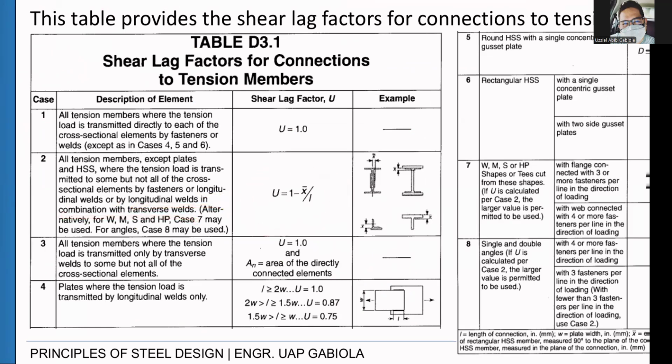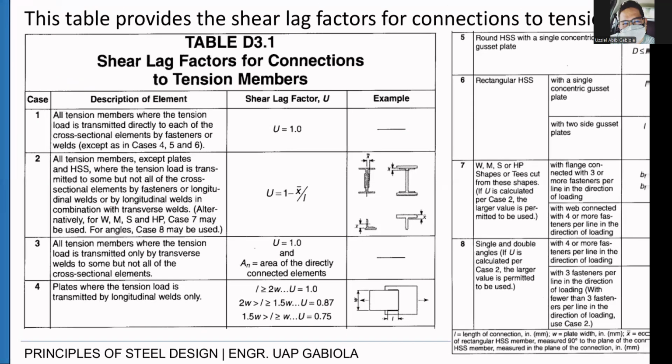And of course, what other cases are there?